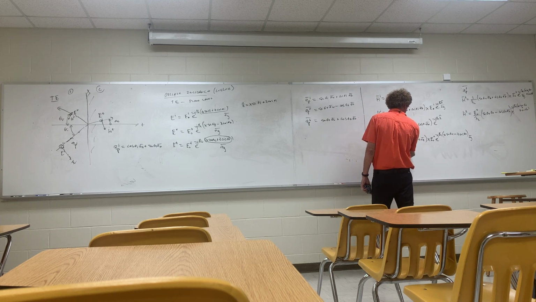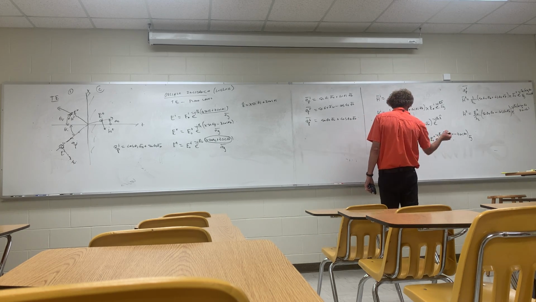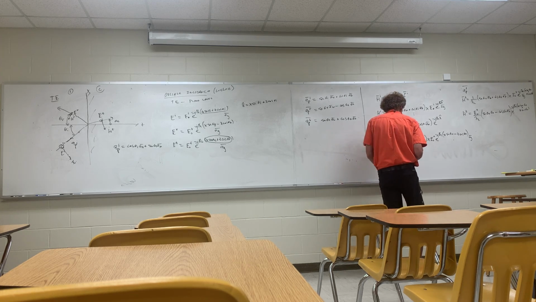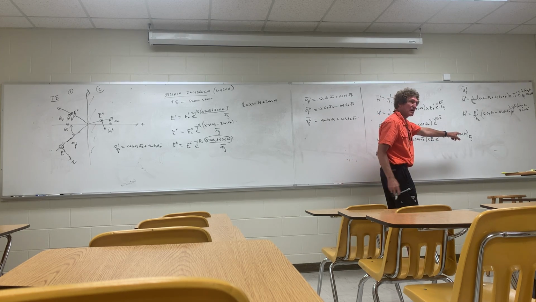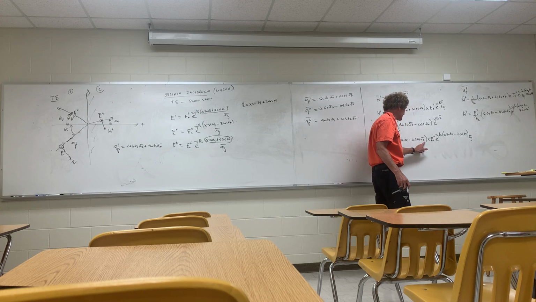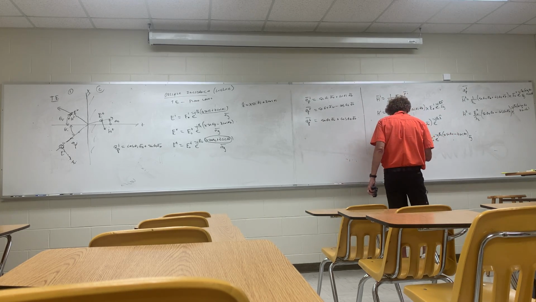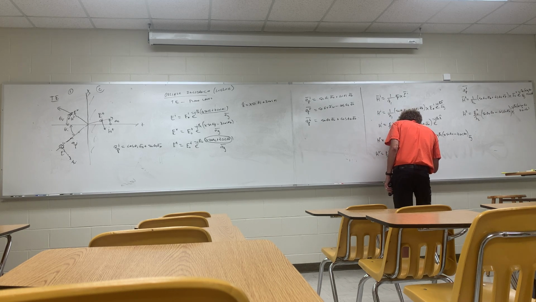And then I have AX cross AY, which is AZ, so I get sine of theta reflected AZ, but then I have AZ cross AY, follow me on this? AZ cross AY is minus AX, but there's a minus sign, which makes this positive. So it's plus cosine of theta reflected AX.